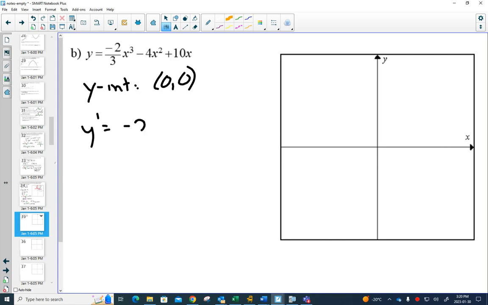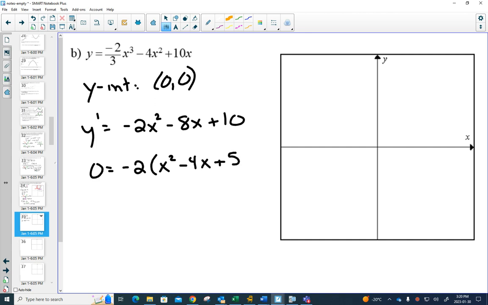Bring the 3 out in front. Set it equal to 0. I'm going to factor out the 2 right away. -2. And now, since it's an equation, I can factor out that -2.